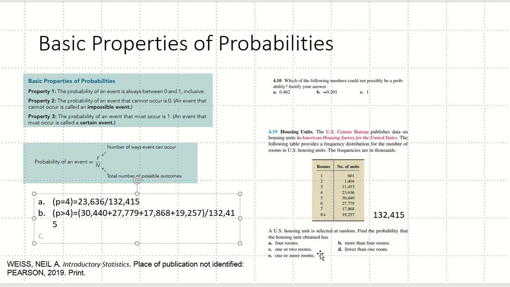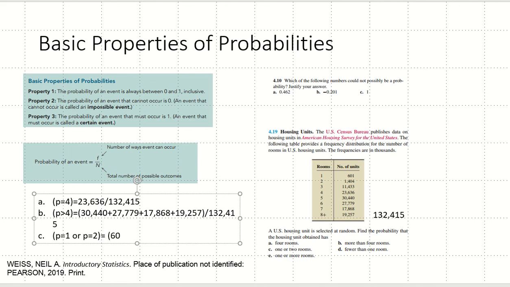But the way we answer it is the same way that we did with the last problem. What are the chances you will choose a unit that has 1 or 2 rooms? Well, that's easy. We'll solve it right now.